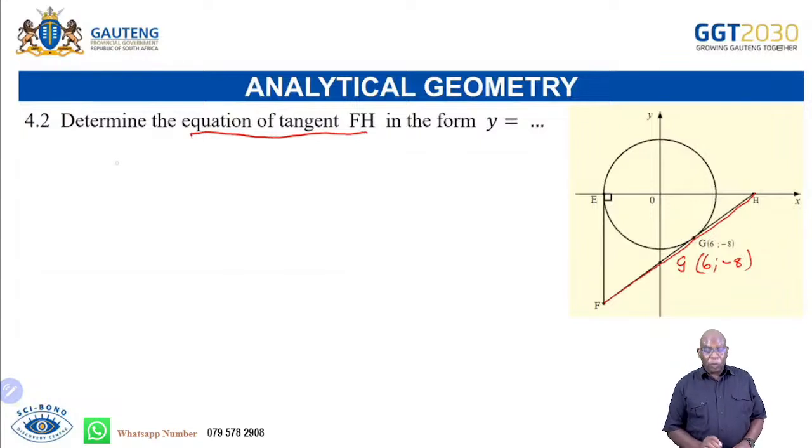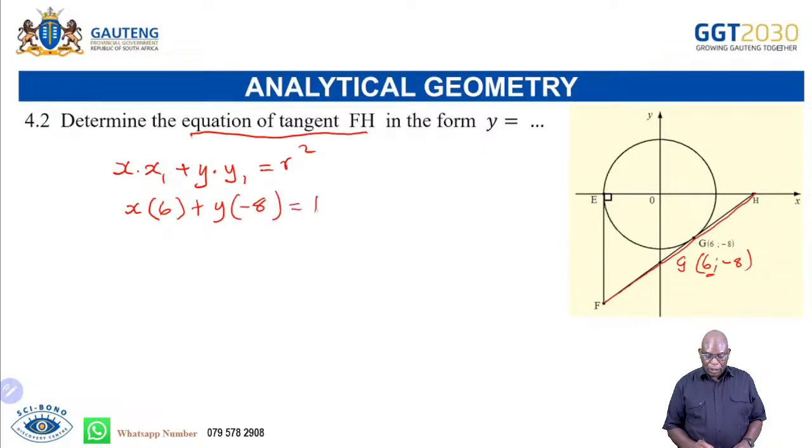So I'll use that easier method now, which is x multiplied by x1 plus y multiplied by y1 equals r squared. Isn't it that I know what r squared is? Then I'll get x multiplied by my x1, which is 6, my y1 is negative 8, my r squared is 100.